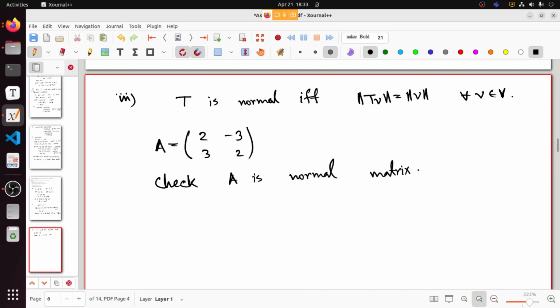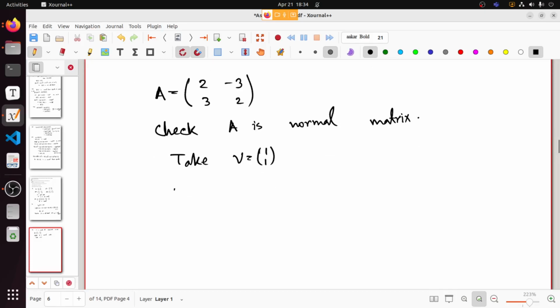Then take v to be (1, 1) and apply it to A. So what will be A v?